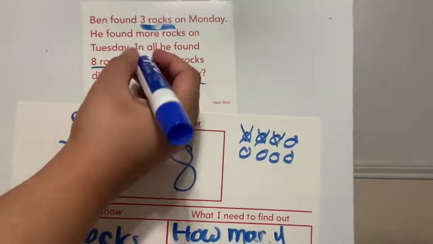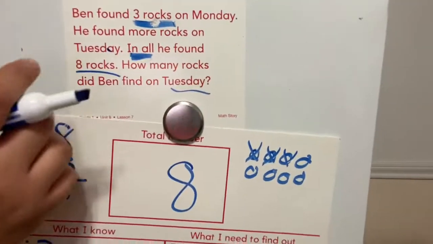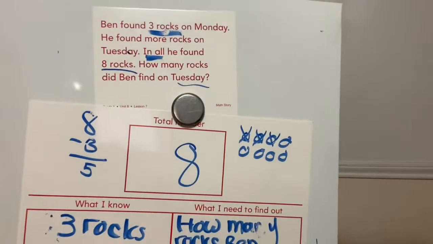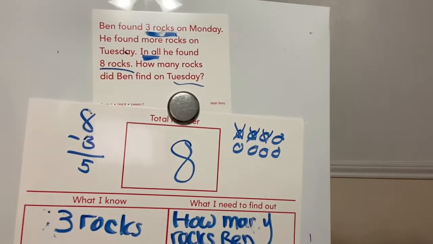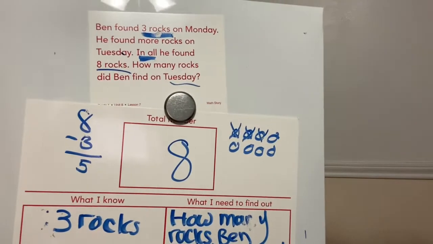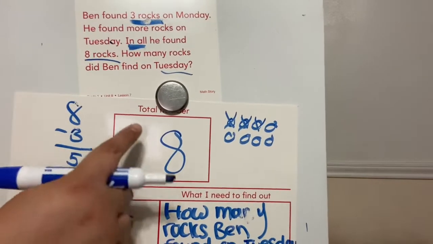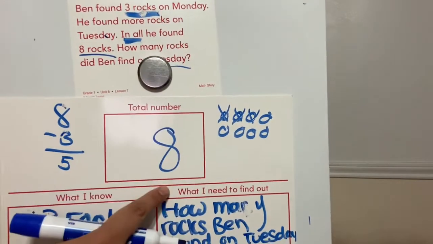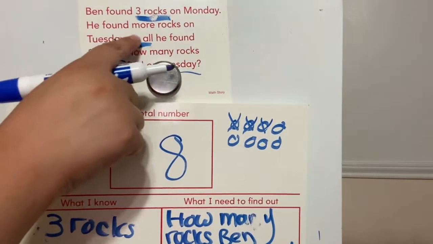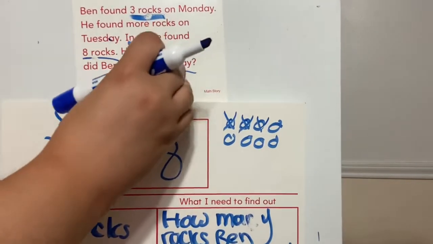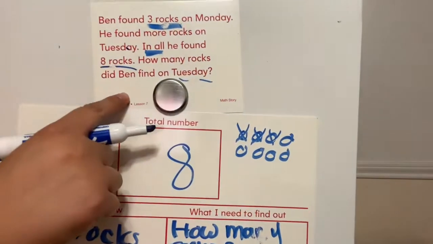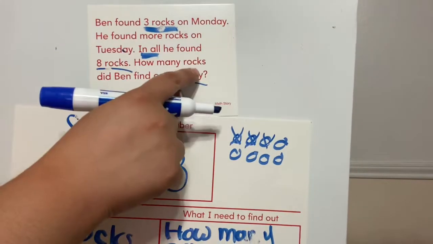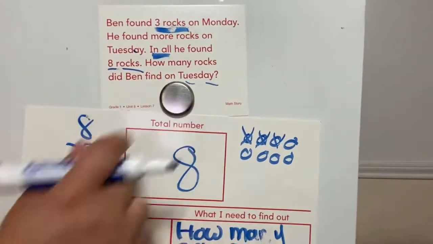These two words, in all, are very important because that means in total or altogether, he found 8 rocks. That's why in the box where it says total number, I wrote 8, because it says in all, he found 8 rocks.